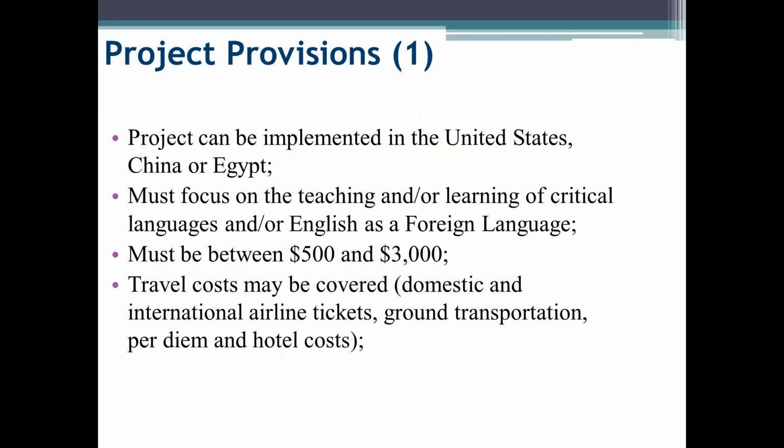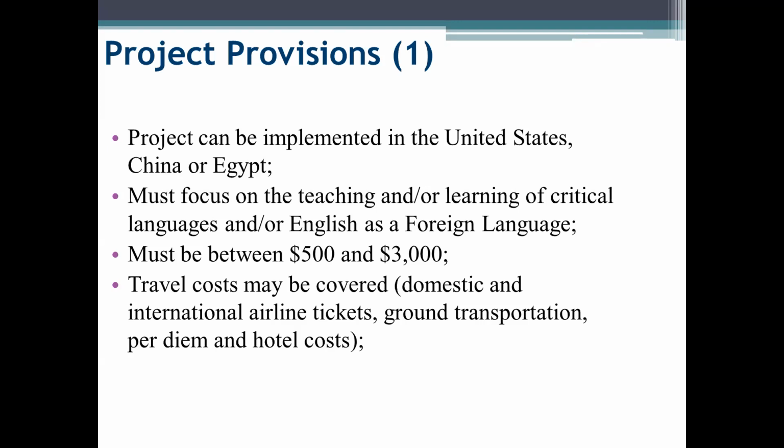This slide is about project provisions, regardless of which project category you're applying for. So the project must be implemented in the United States, China, or Egypt, or now Morocco. It must focus on the teaching or learning of critical languages and or English as a foreign language.